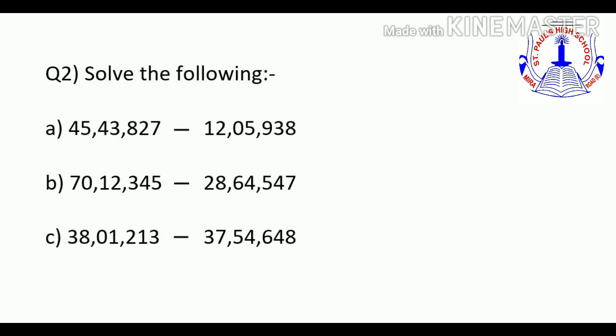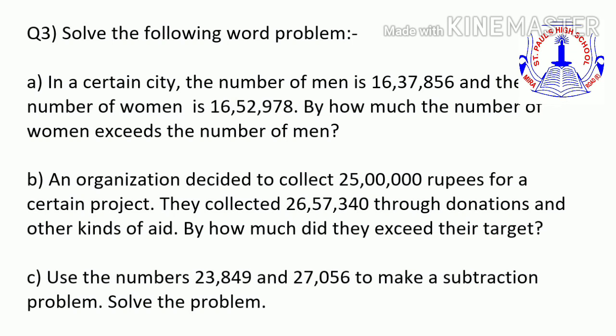B, 70,12,345 minus 28,64,547. C, 38,00,000 minus 37,54,648.